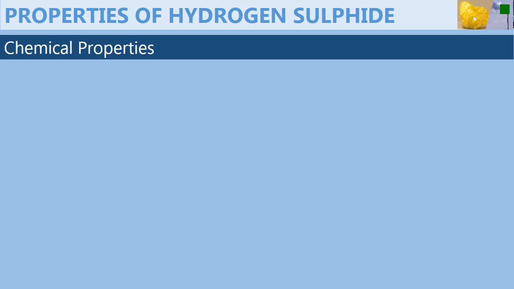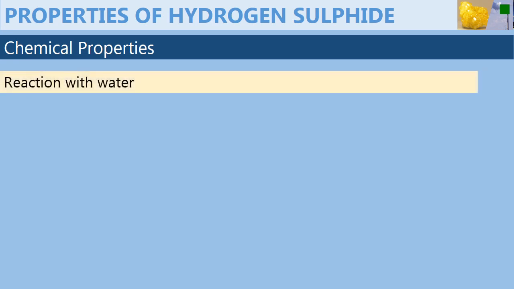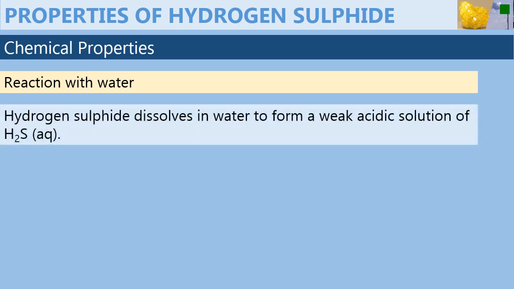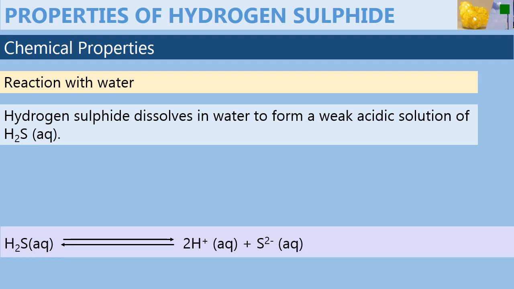The chemical properties of hydrogen sulphide. The first property is reaction with water. Hydrogen sulphide dissolves in water to form a weak acidic solution of hydrogen sulphide. This is due to the partial dissociation of hydrogen sulphide in water according to this equation.